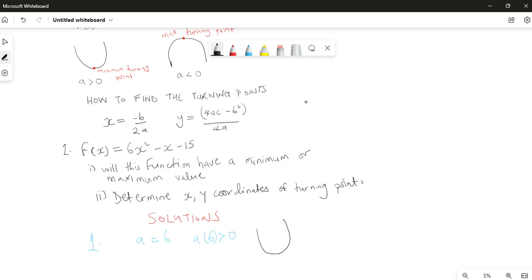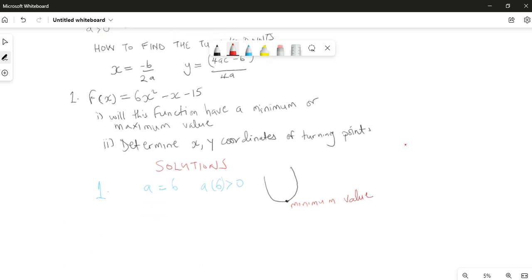So we'll have a minimum value as our turning point. So we've answered the first part of the question: will this function have a minimum or maximum value? It will have a minimum value.